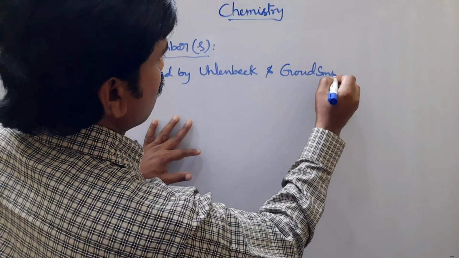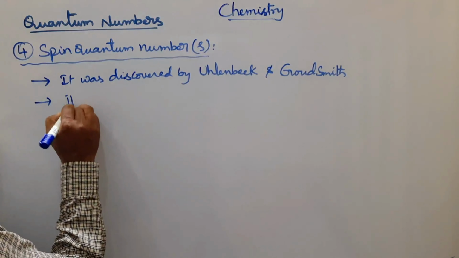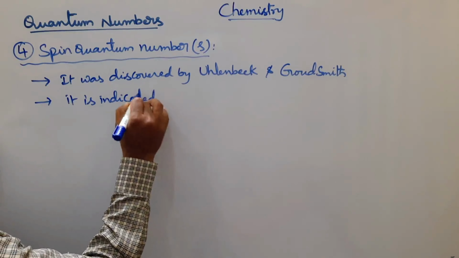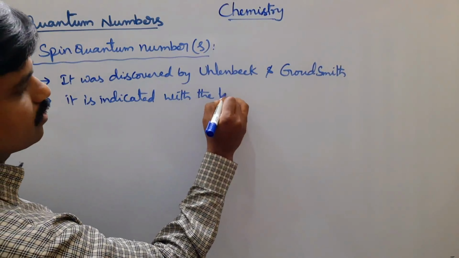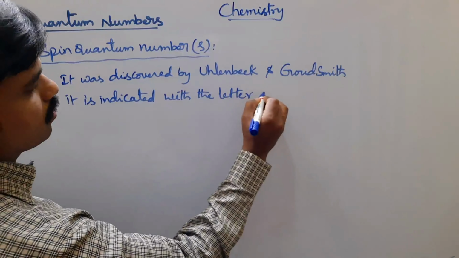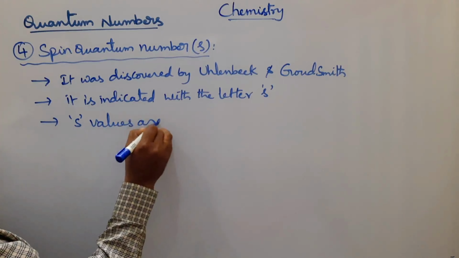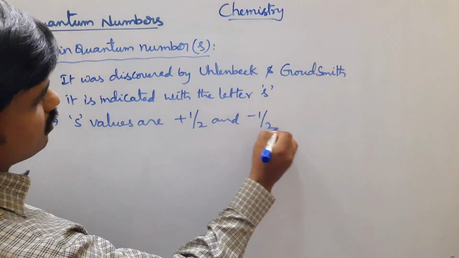That's why here also two scientists are there, Uhlenbeck and Goudsmit. It is indicated with the letter small s. S values are plus half and minus half.